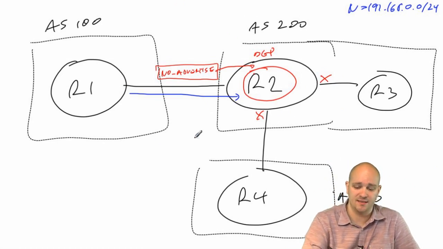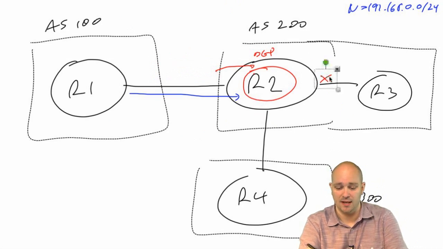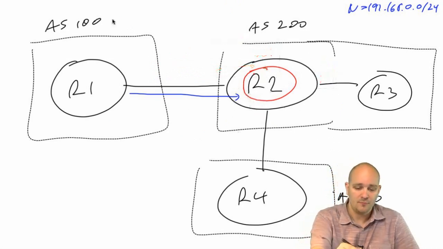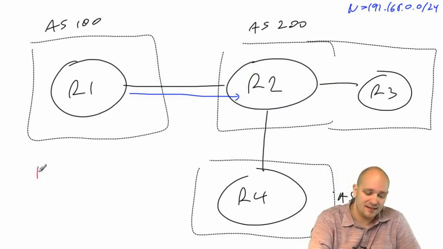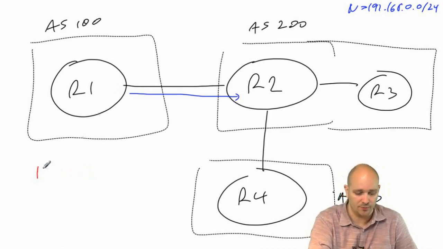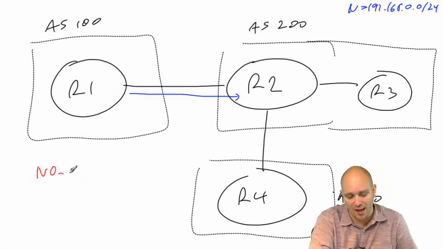Now, to contrast this, let's say that this route that was being advertised had the no export community.